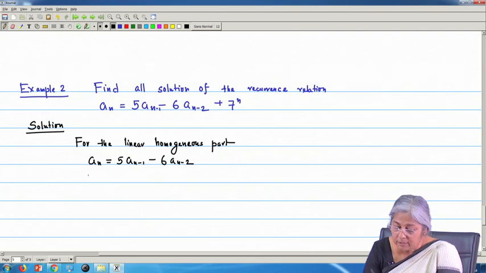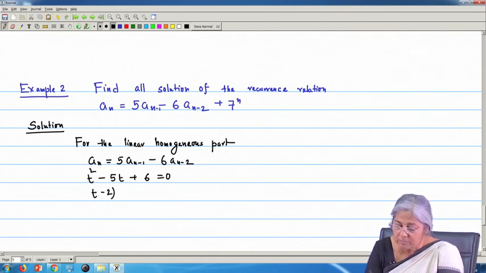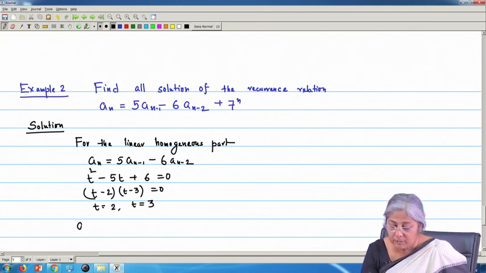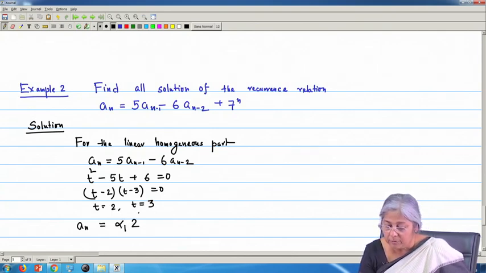So, I get t square minus 5 t plus 6 equal to 0, and this becomes t minus 2 into t minus 3 equal to 0. So, t equal to 2, t equal to 3. So, my solution becomes a n equal to alpha 1 2 to the power n plus alpha 2 3 to the power n.